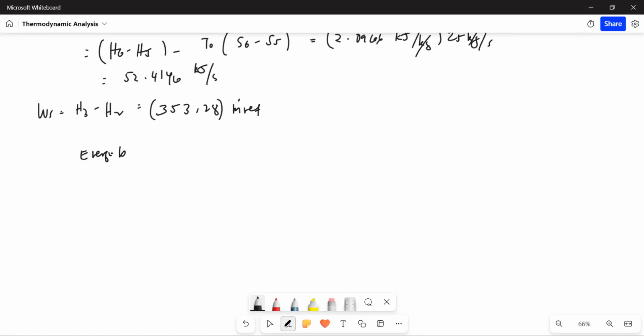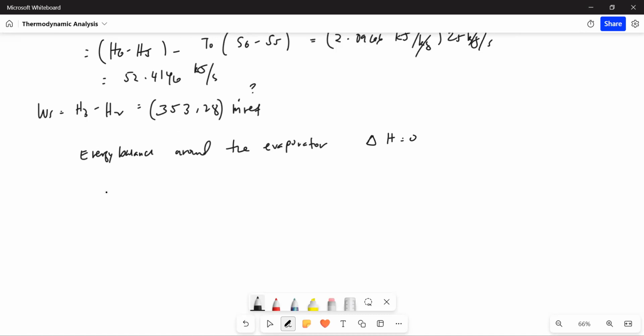Energy balance around the evaporator. We don't know the shaft work here, but delta H equals 0.